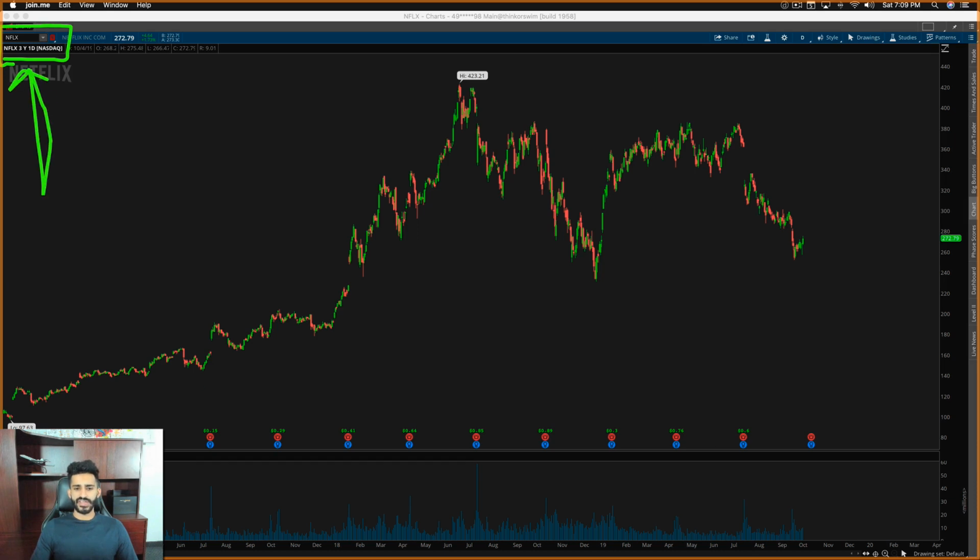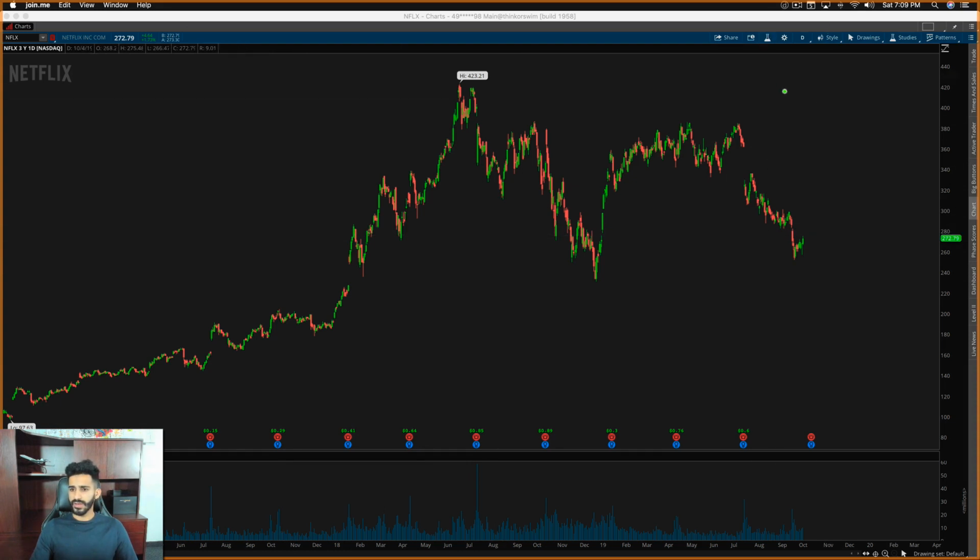As you guys can see, I don't have the ATR on. I don't have any indicator. Now, how do I apply the ATR, or how do I apply the indicator? Depending on the platform you're using, every platform is going to have different ways to set up the indicators. But if you're using Think or Swim by TD Ameritrade, you guys can click right here.